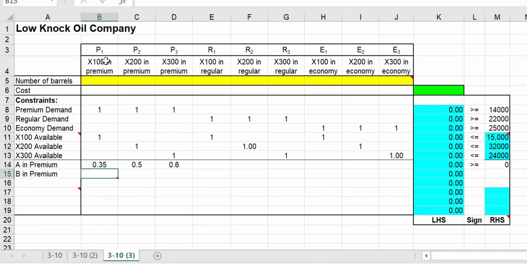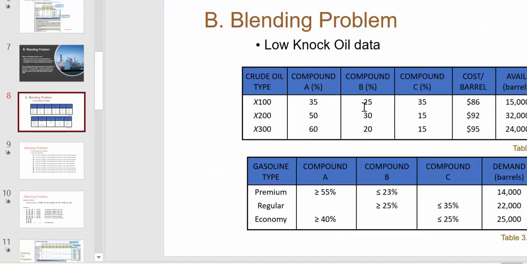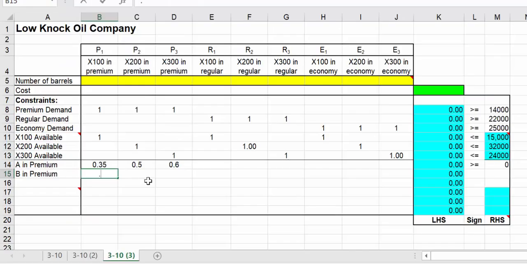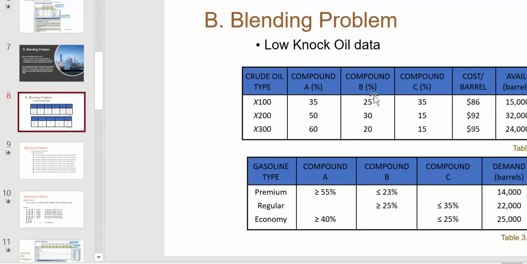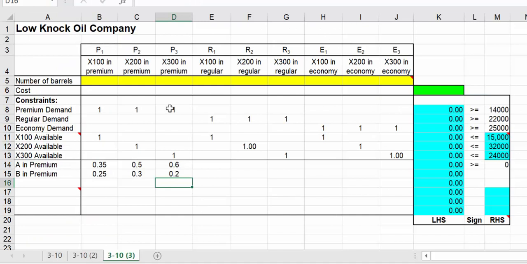So the amount of B in X100 is 25%, and then 30%, and then 20%. Just verifying 25, 30, 20. X300 is 20, 200.